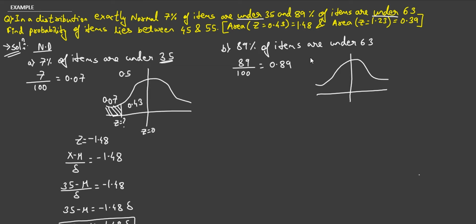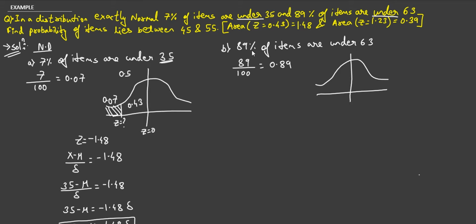Here is one important point. The 7% we could draw here because that side is very small. But here it is not a small value, it is 89%.